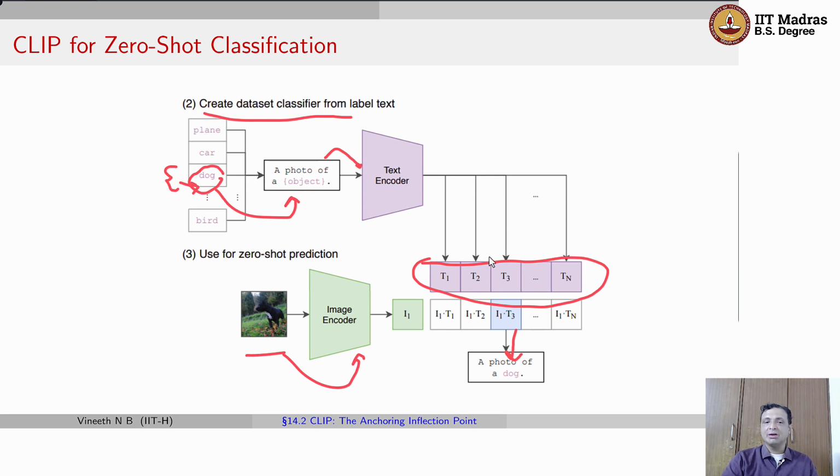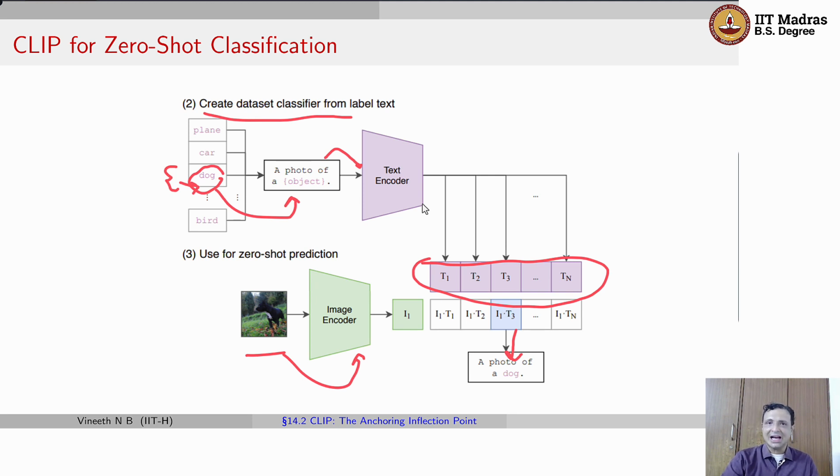The hope here is that the image encoders and text encoders have learnt such good image and text embeddings that even for unseen classes and images, it is able to map these two embeddings to a space where if we compare the image and text embeddings, the correct matching automatically happens even for unseen classes.